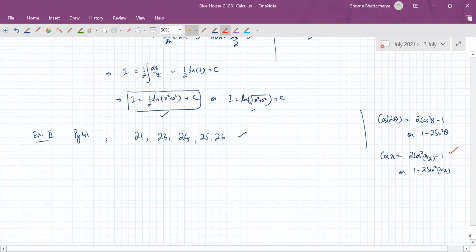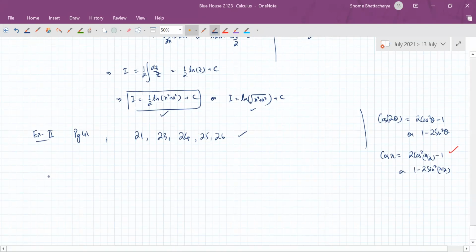Okay, so I'm just working out the steps for question 21 for everyone. Again, it is about making use of this identity, the cos 2 theta formula. It can be manipulated in many ways. For example, if I had this integral also, square root of 1 minus cos x, then also I could have made use of this kind of identity.